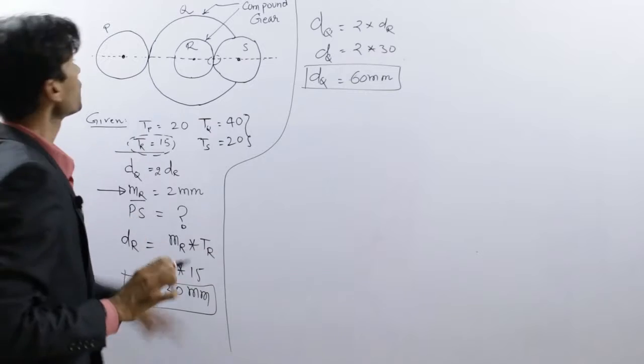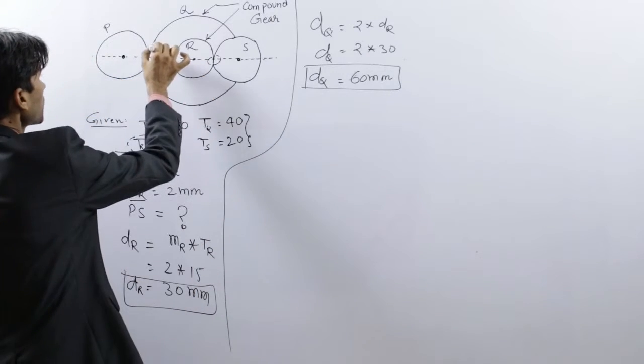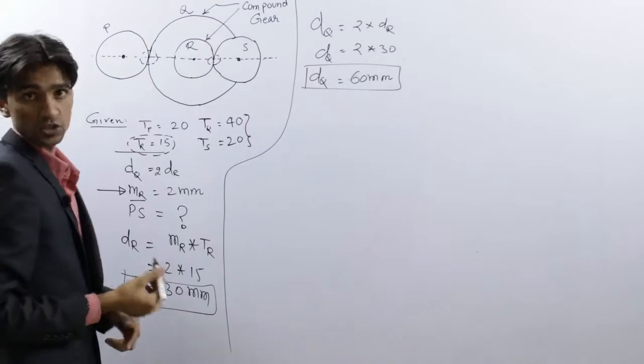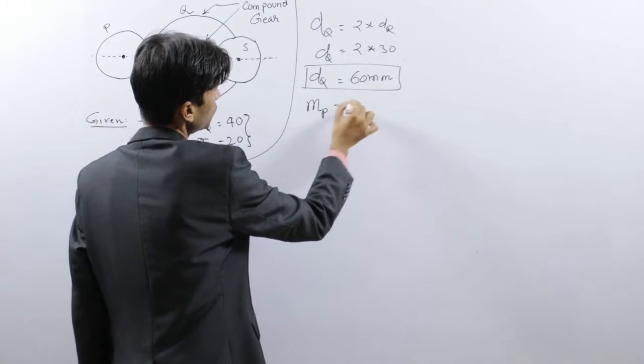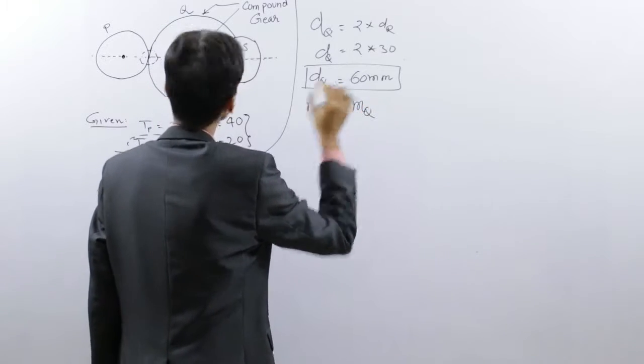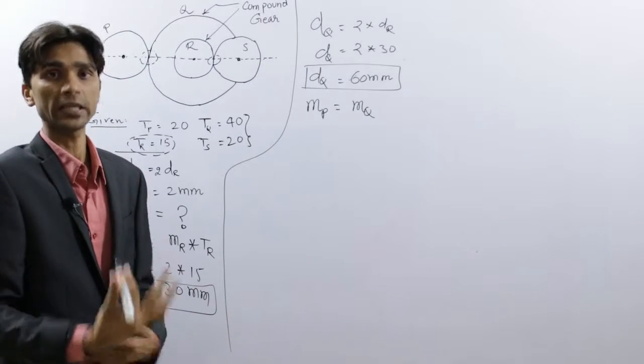Now, second thing, we have to find the diameters of P and S. P and Q are in engagement, which means the module of gear P is equal to the module of gear Q, because they are in engagement. So the module must be the same for both gears.